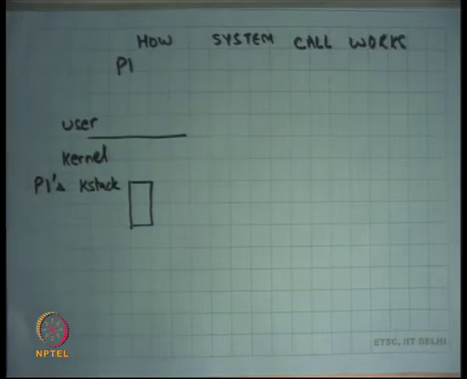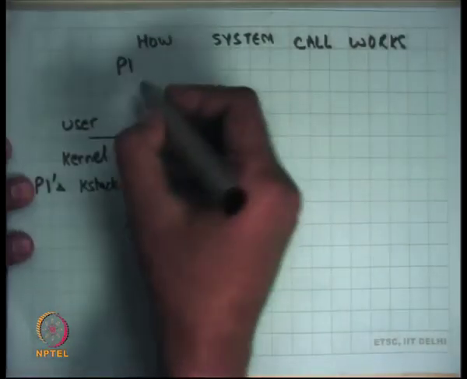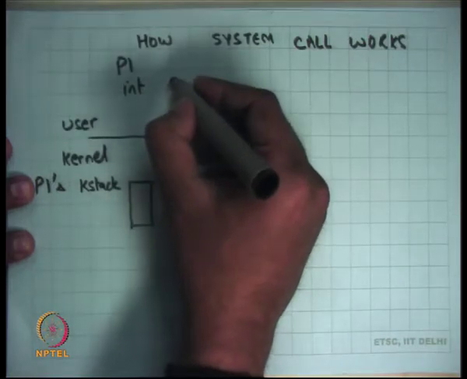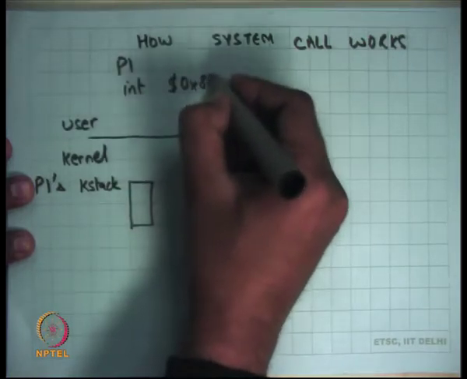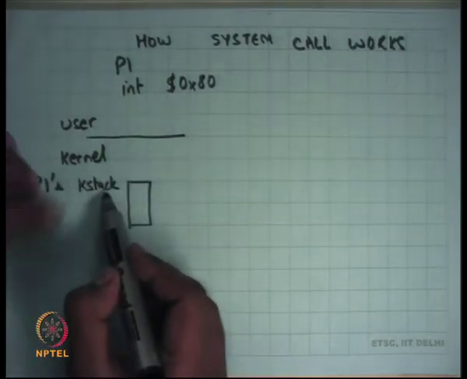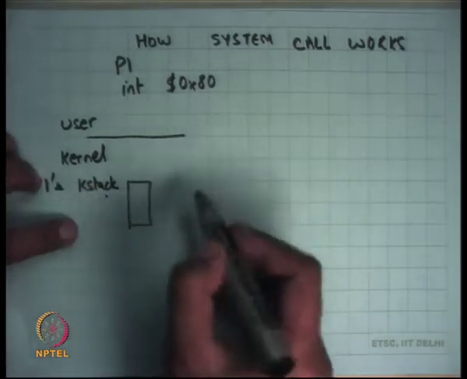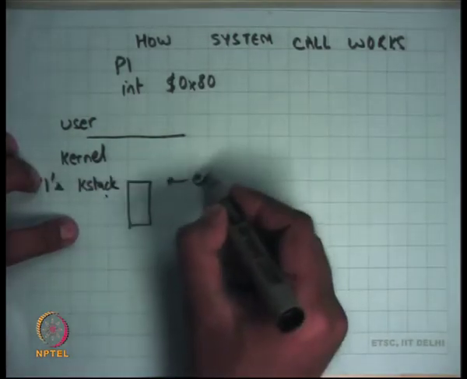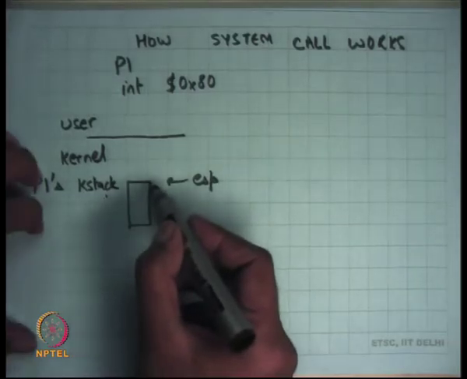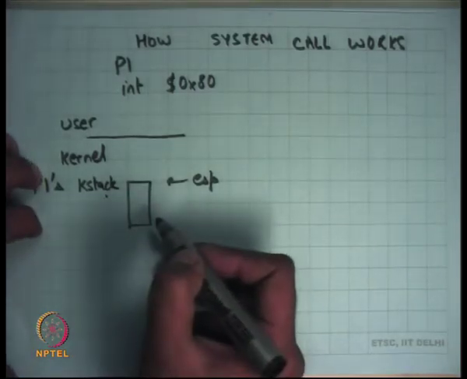When the process uses the interrupt instruction to make a system call, immediately the stack shifts, and the stack starts pointing to the K stack. And the hardware pushes some things on the K stack.